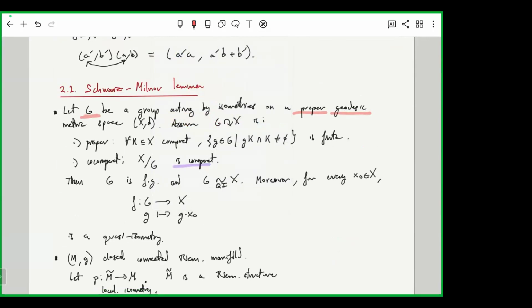The space is just a point, and it acts by isometries. For every compact subset of a point, there is not much to do here. This is going to be finite, because G itself is finite anyway. And this is a point, so it is compact.